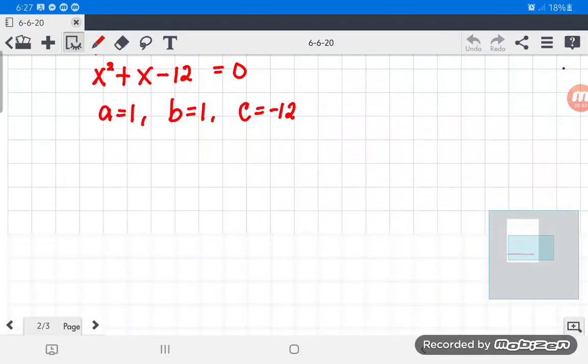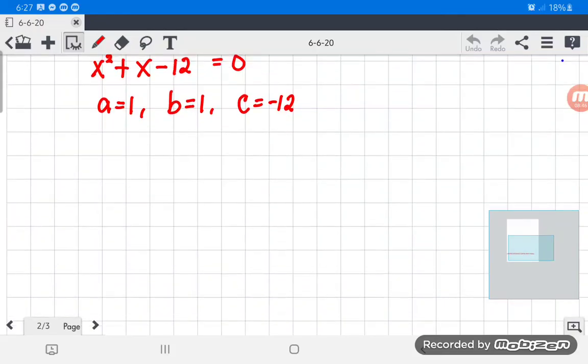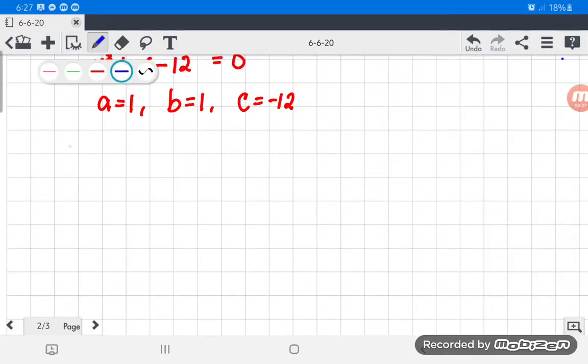Okay, next. Number 5. Let's say we have x plus 5 squared equals 3. So here, this is an example of a square of a binomial. Now here, we're going to make use of the concept of finding the product of a square of a binomial.